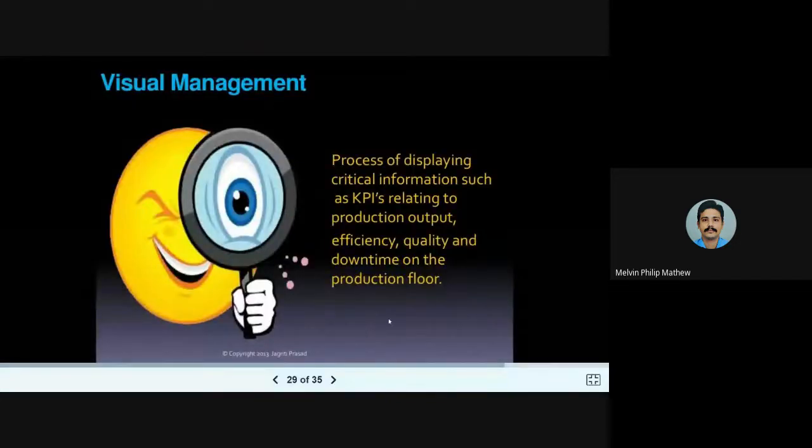Okay, coming back to visual management. The term visual itself means we have to obtain the data visually. We have to see it with our eyes. That is what visual management is.